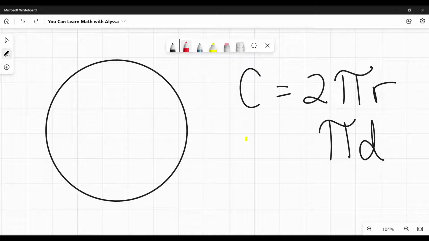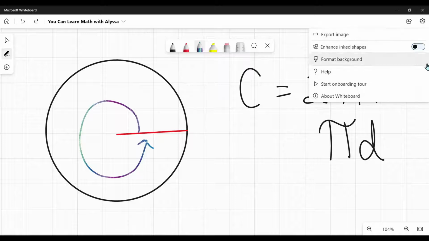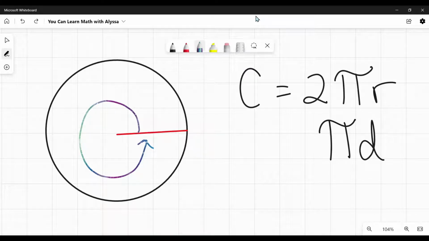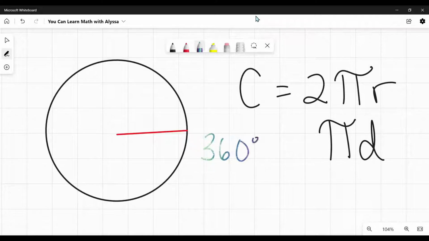Another circle fact that we need to know to do this problem is how many degrees are in a circle. If I had a straight line, and I started and went all the way around, how many degrees did I go through? That would be 360 degrees.